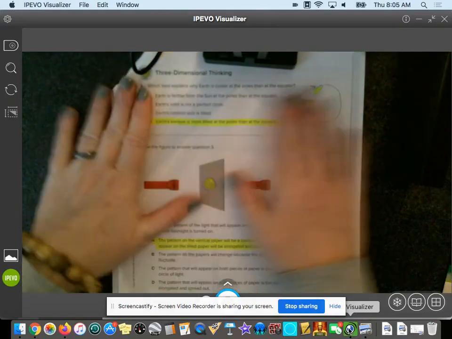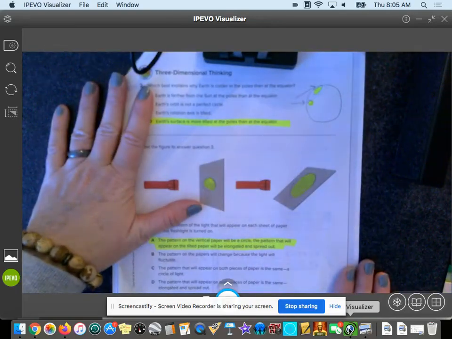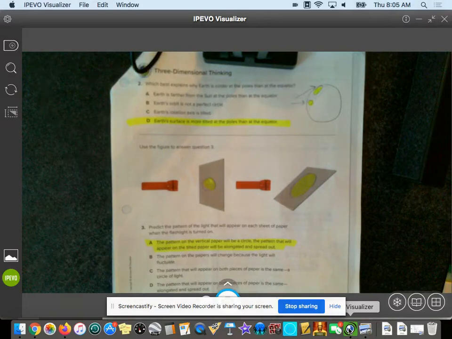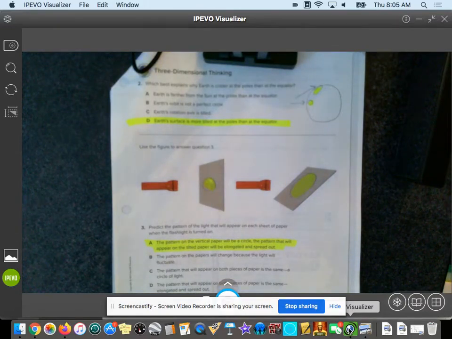A says Earth is farther from the sun at the poles than the equator. That is not the reason the poles are cold. We have learned in lesson 1 that distance is not a factor when it comes to temperatures. B is Earth's orbit is not a perfect circle. Well, that's true, it's not a perfect circle, but that's also not a factor in why the poles are cold.